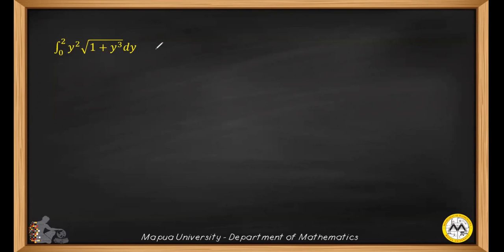So we need to express the radical in exponential form so that we will have quantity 1 plus y cubed raised to 1 half, times y squared times the differential of y.